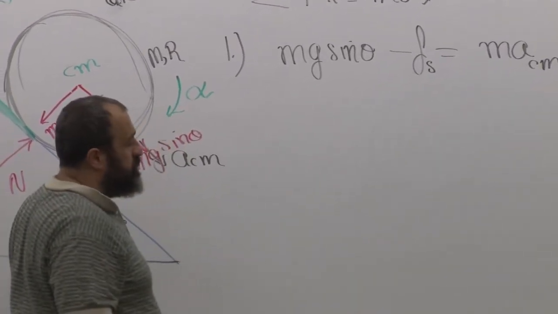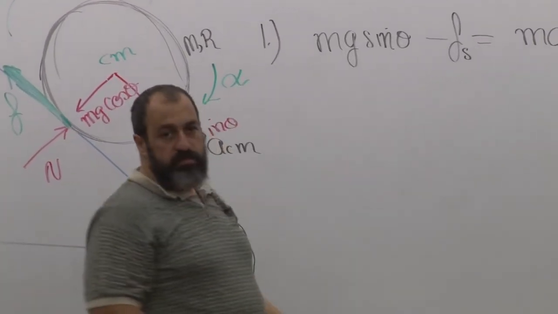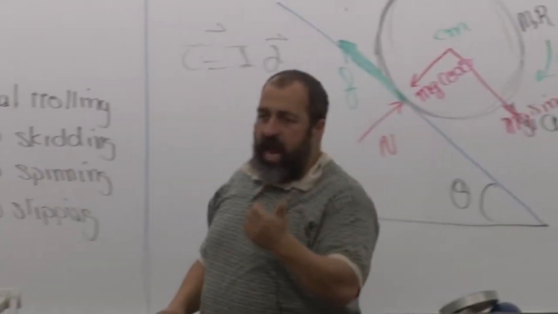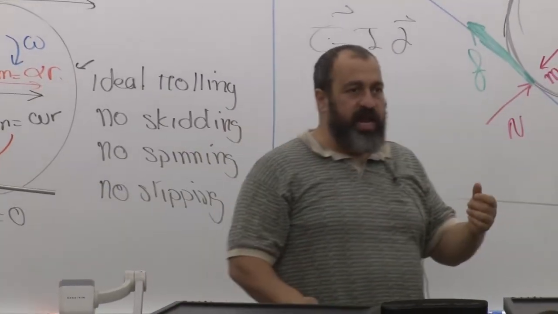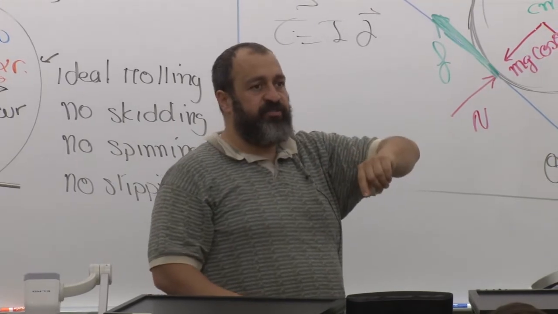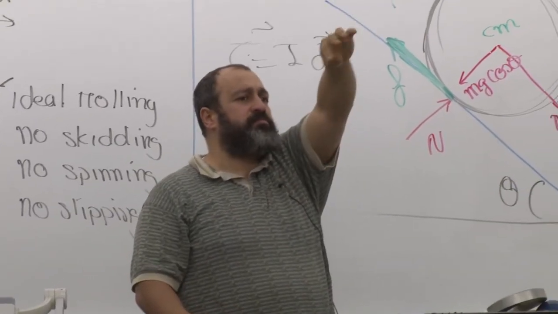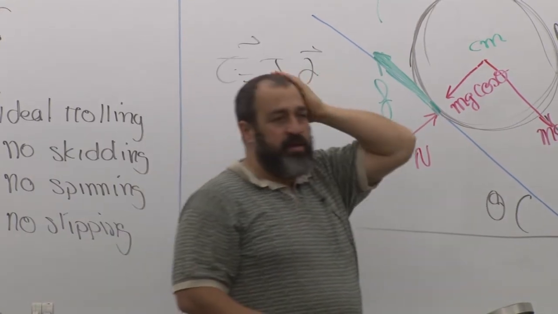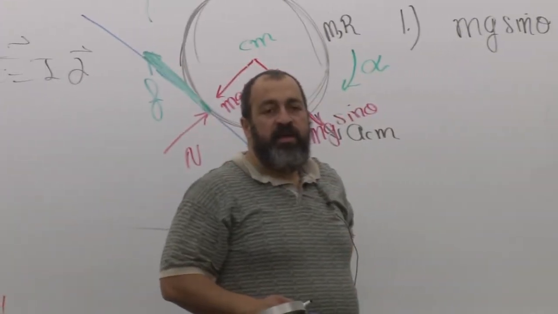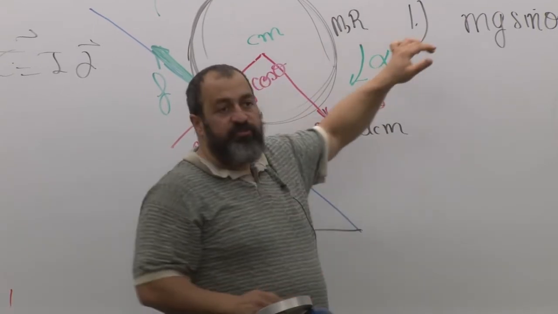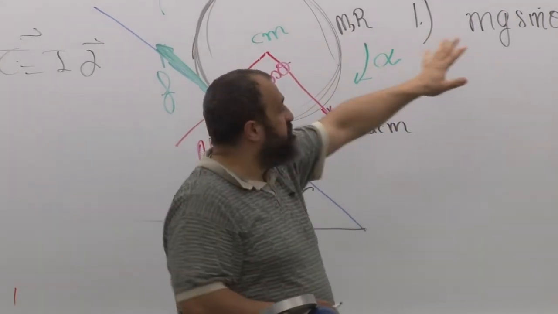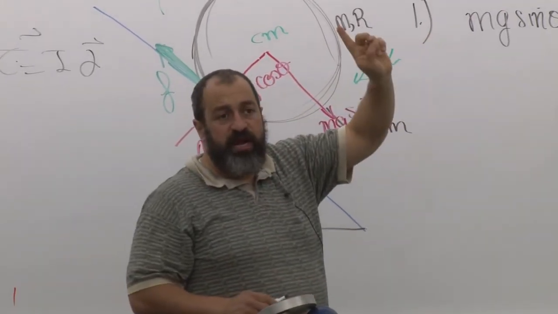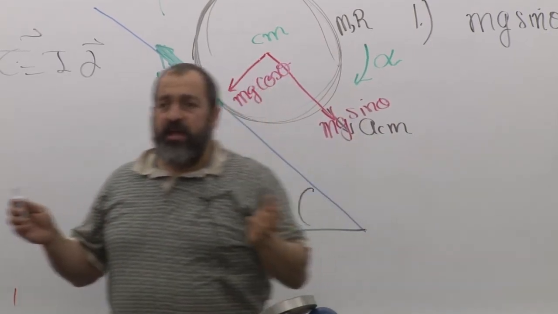We need one more equation. Sum F equals M A gives two unknowns in one equation. Obviously, this is not going to do.